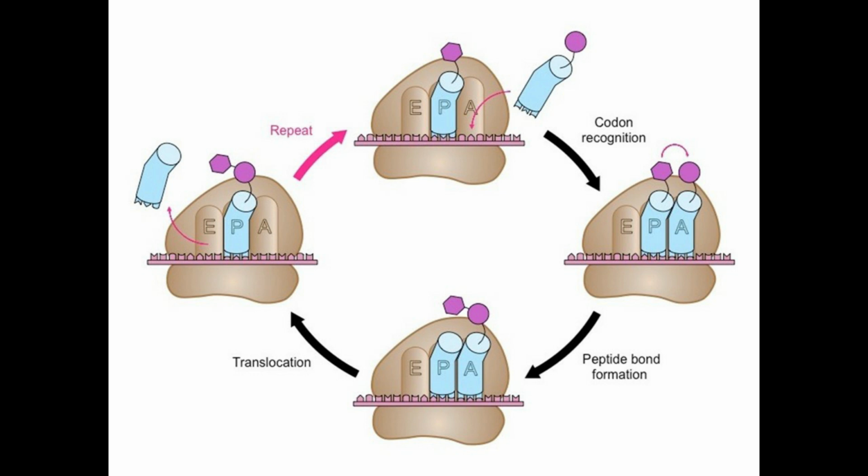So what happens? The tRNA which is empty now is translocated to the E site, and the tRNA which is having the peptide chain, the peptide bonded amino acids, will now be on the P site. This is not accomplished by the movement of the tRNAs, but by the movement of the ribosome.